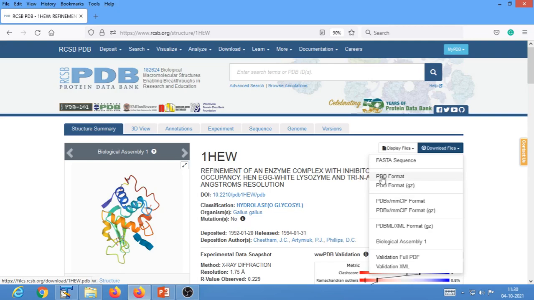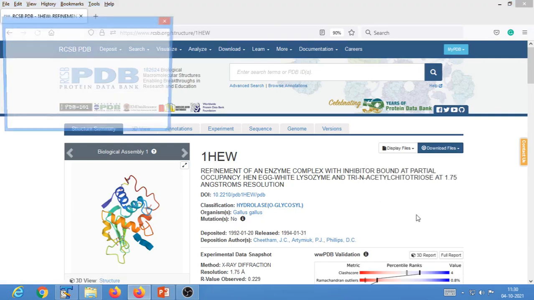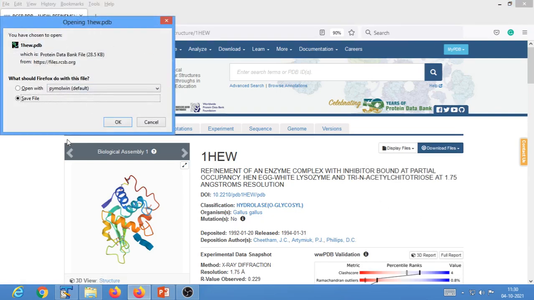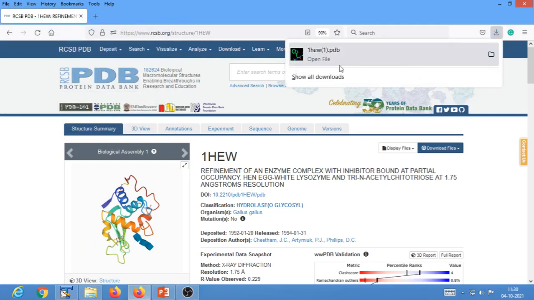So for that you would need to use this particular option: download the molecule in PDB format. Just click on it. It will ask you where to save it. Then you can say okay, and it would be downloaded in your download folder.